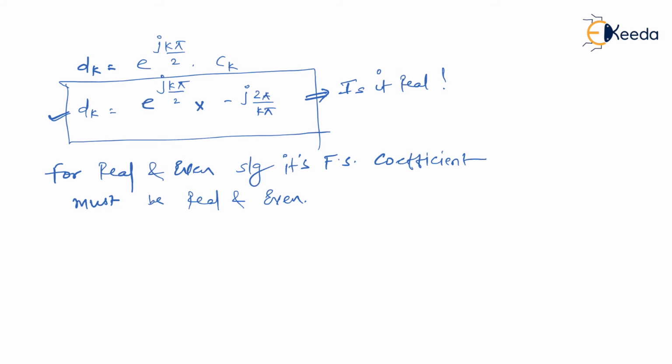We know that this dk relation is true only for k being odd, because ck exists only for k being odd. So accordingly, dk will also exist only for k being odd. Whenever you are substituting values of k, make sure that you substitute only odd values of k. For even values of k, dk is absolutely 0 because ck is equal to 0 for all even values.